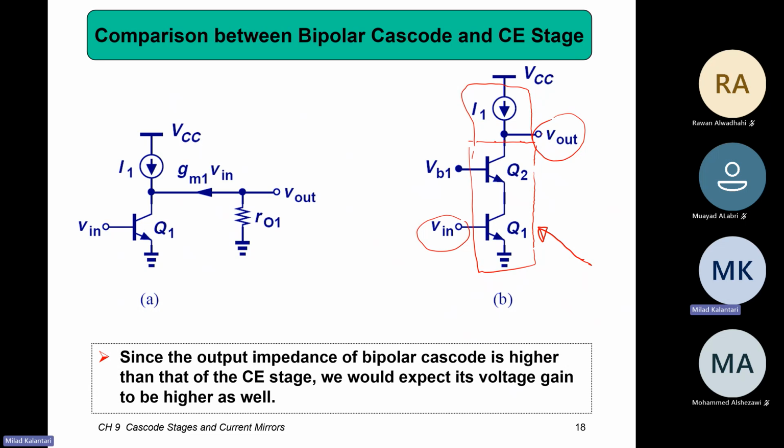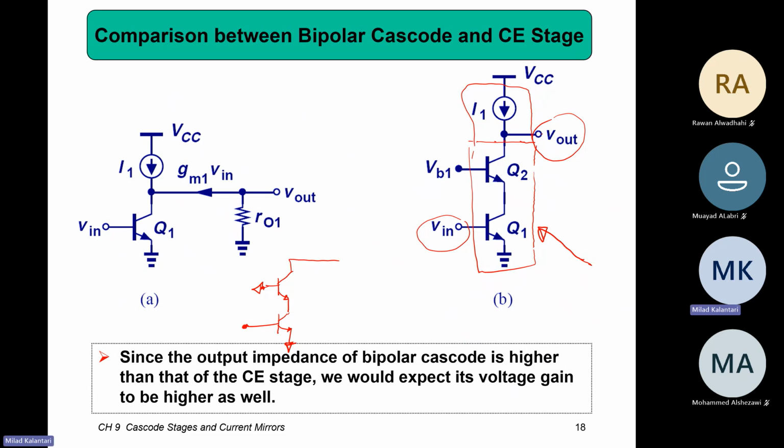We short the output. So let's quickly draw the small signal model. Here is ground, here is our input. What would be the base of this for the small signal? It will be just ground, because the bias voltages are grounded.